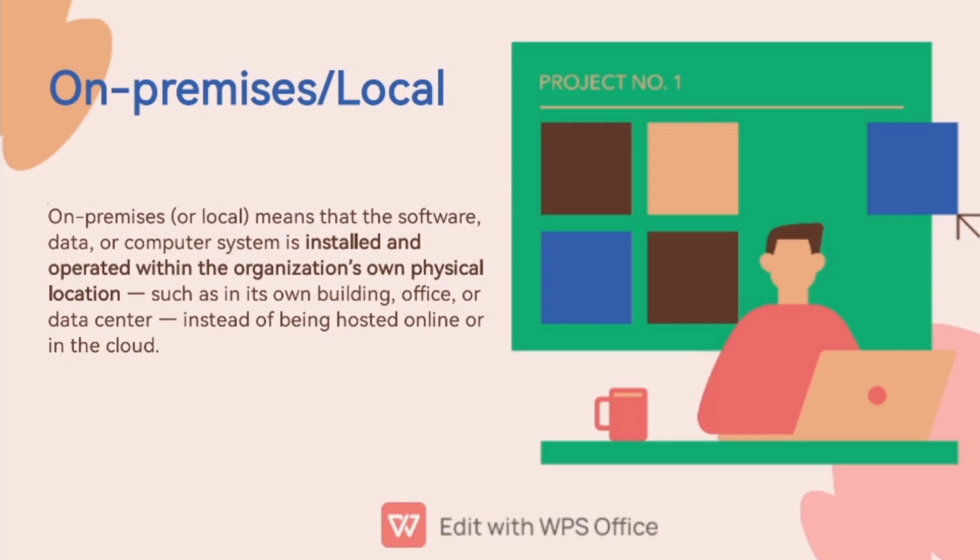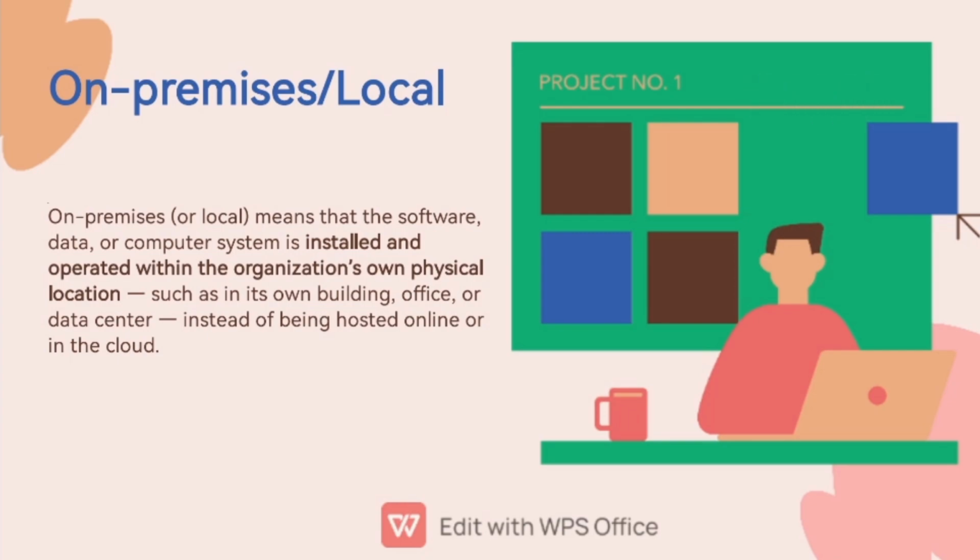It means the software, the data, the servers, are all physically located within the company's own building. It's like keeping all your important documents in a filing cabinet in your own office.